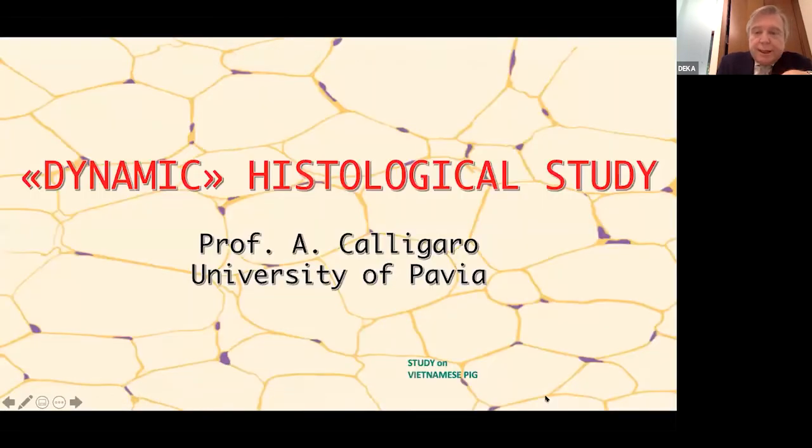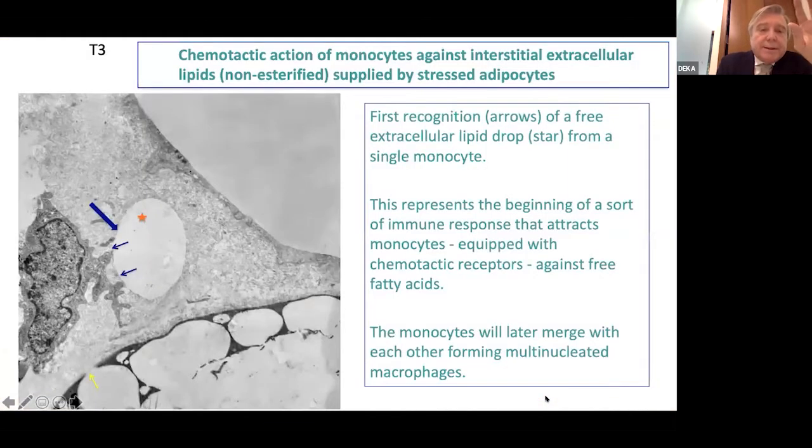Thanks to Professor Caligaro, we have the possibility to follow in a dynamic histological study what happens. This is the really significant image, quite fascinating, where we can see the chemotactic action of monocytes against interstitial extracellular lipids supplied by stressed adipocytes.